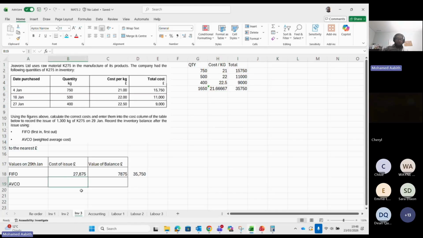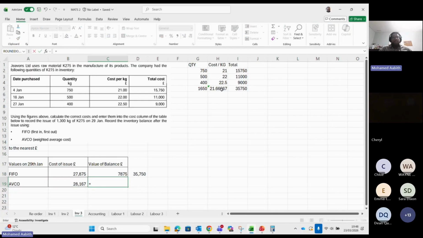So for this one, I need to find out how much it is. So that times 1,300 kilograms gives me 28,167 pounds. So let me change to two decimals. It gives you 28,167. And then what is left over again, guys?